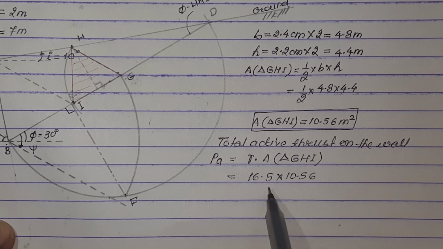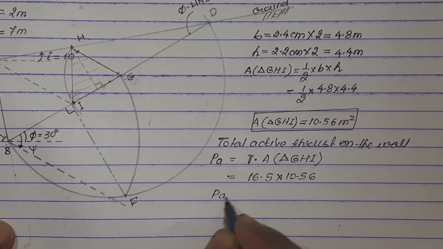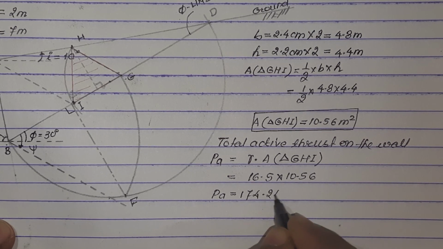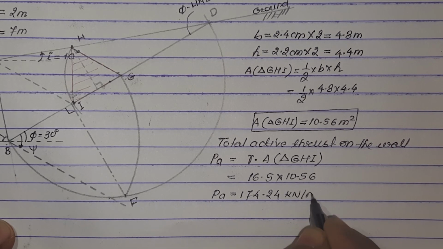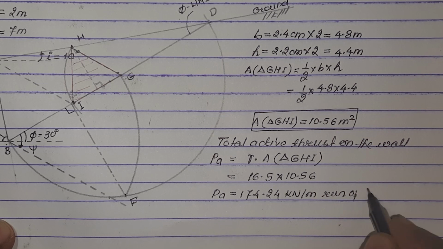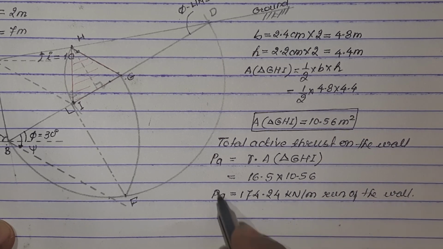Alright, this is 16.5 kilonewton per meter cube and this is 10.56 square meter, the area which we have found out. Hence, capital PA will be equal to 174.24 kilonewton per meter run of the wall. This is our answer.